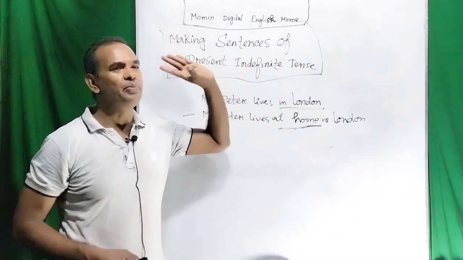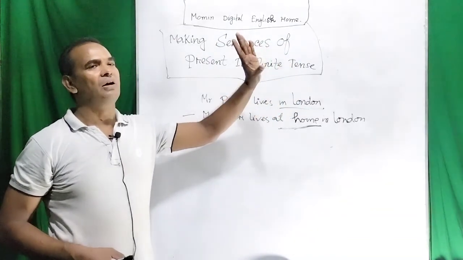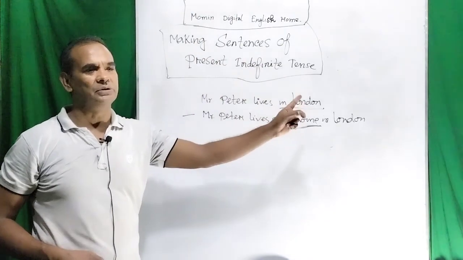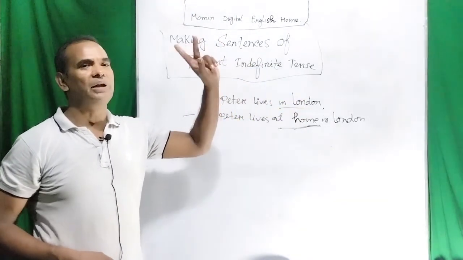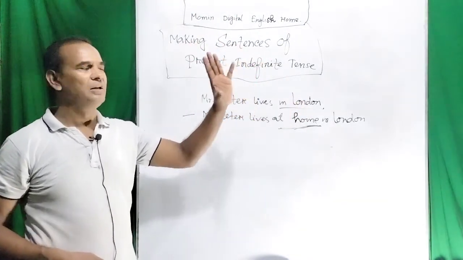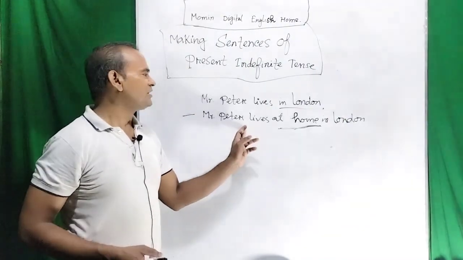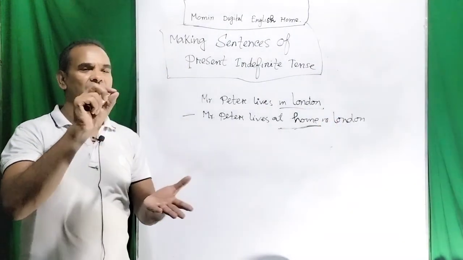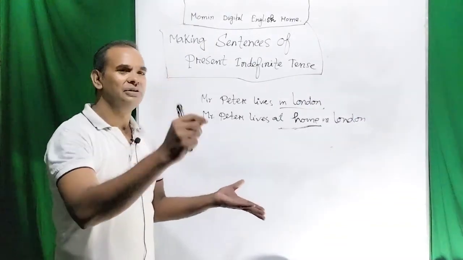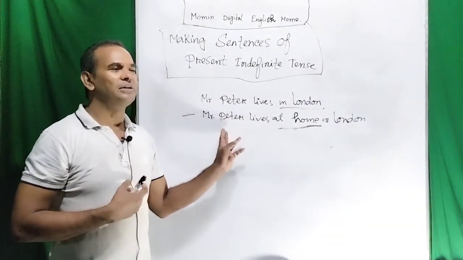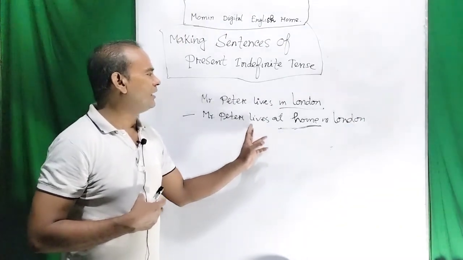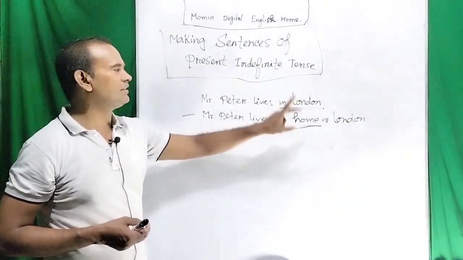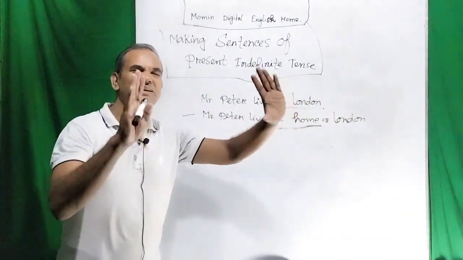That means everybody can speak that way. He lives in London, Karim lives in London, I live in London, you live in London. So in general. But Mr. Peter lives at home in London, I live at a 5-star hotel in London, he lives at a community center in London, etc.